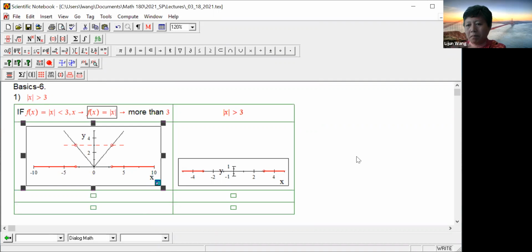Does everybody follow me? You got it, right? It's still about the rule, the input and output, but this time we want the output to be larger than 3.